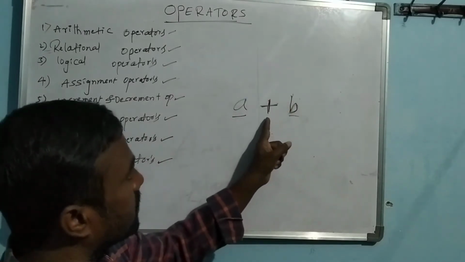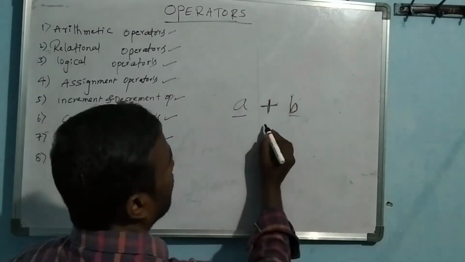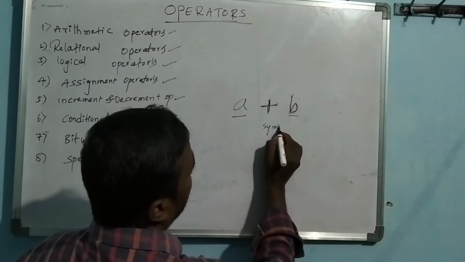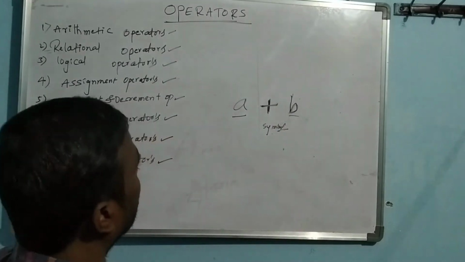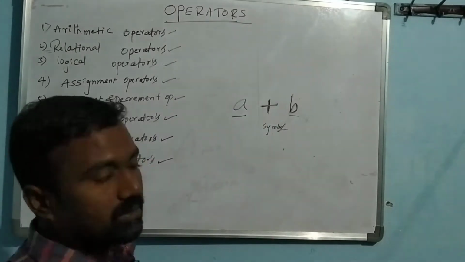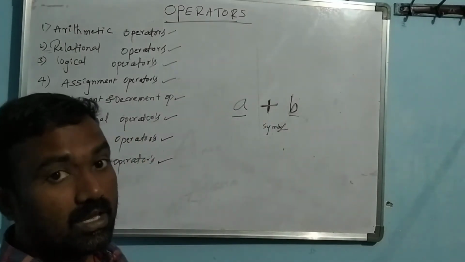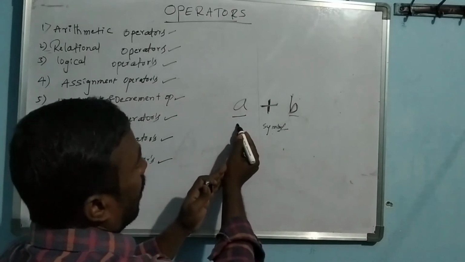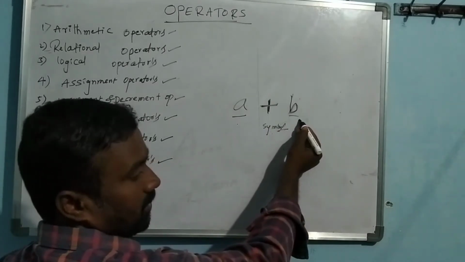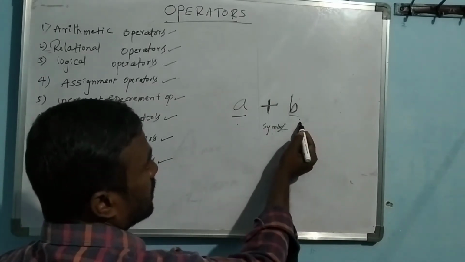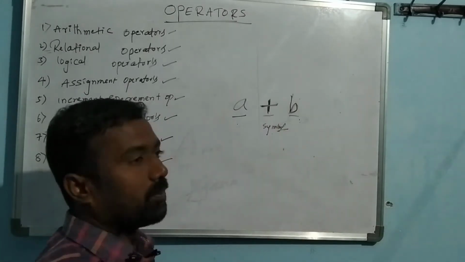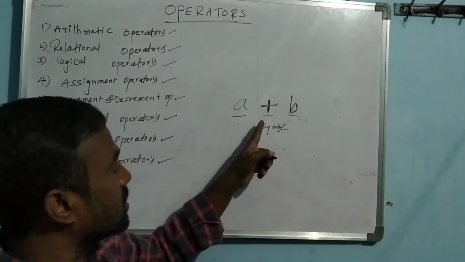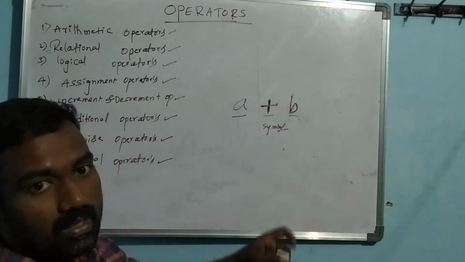Coming to the plus, it is a symbol, and this plus symbol we are calling an operator. A is an operand, b is an operand. These two operands can be operated by this symbol. What is the symbol? It is the plus symbol.